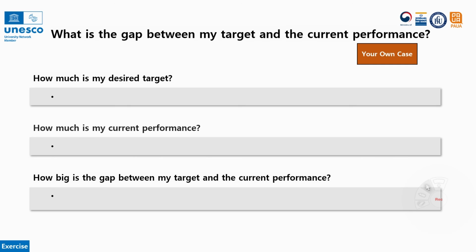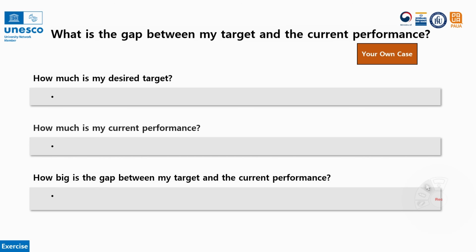What is the gap between my target and the current performance? How much is my desired target? How much is my current performance? And how big is the gap between my target and the current performance?